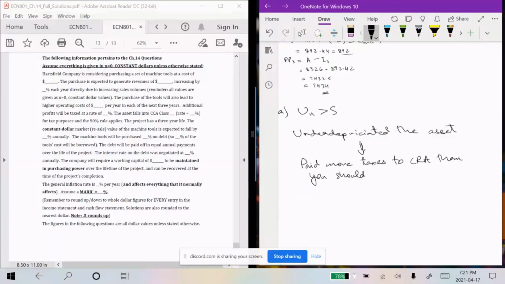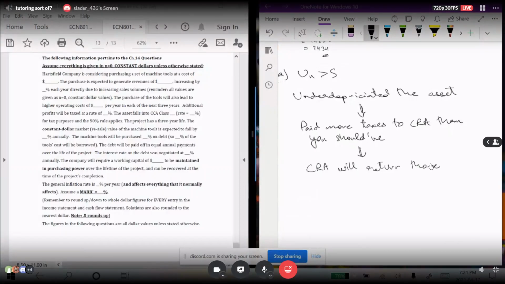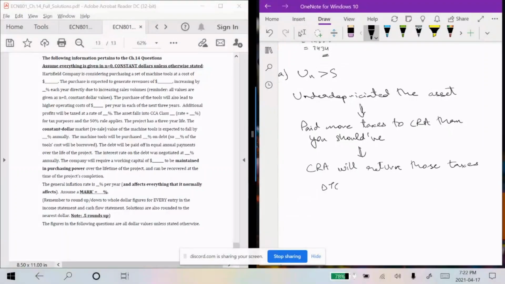So the CRA is going to return those taxes to you, and the DTE will be positive.